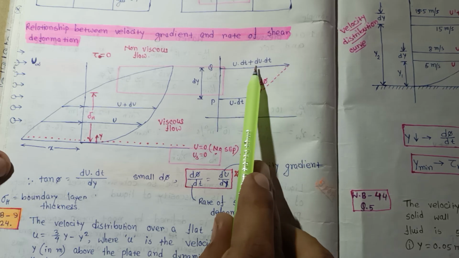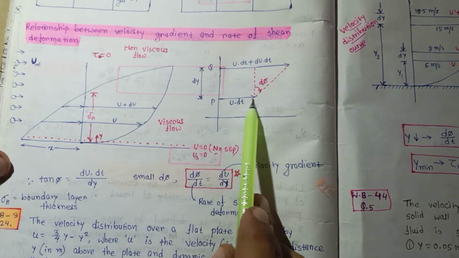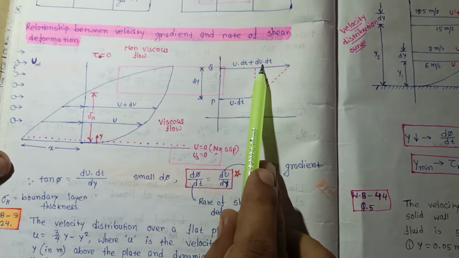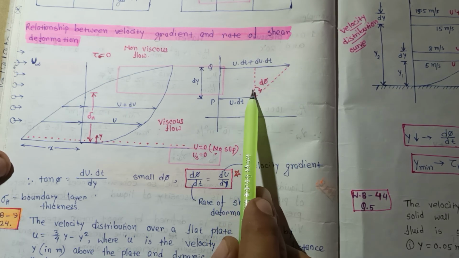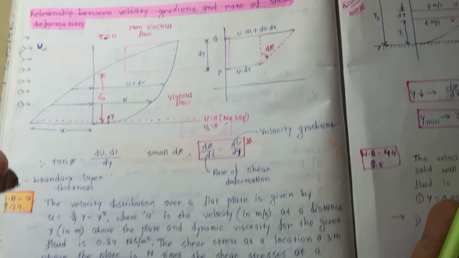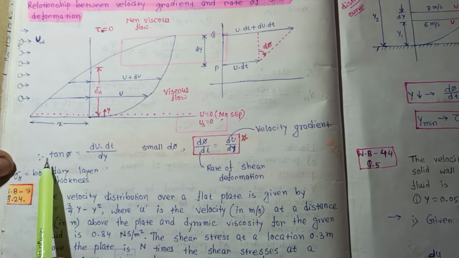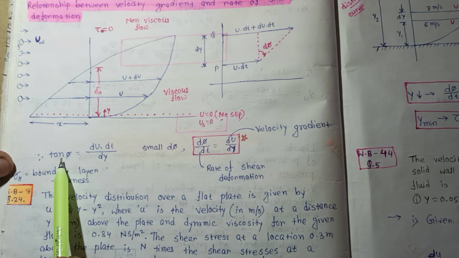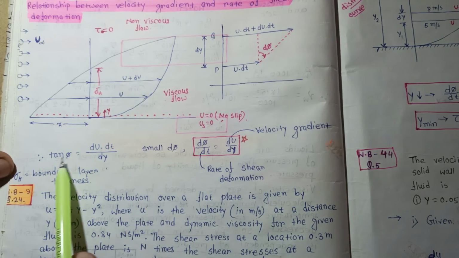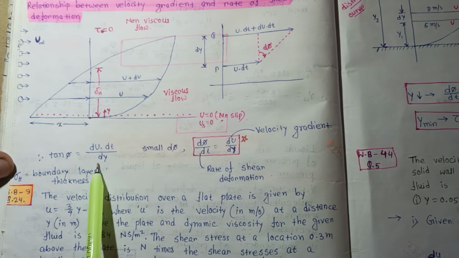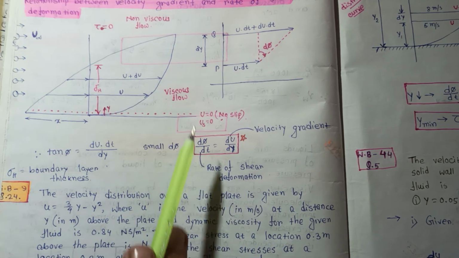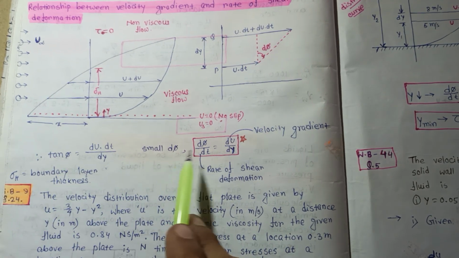So what is this distance? This distance is u dt, this distance is u dt, and this distance is du dt. Consider this angle as d phi. Now tan phi equals du dt by dy, since this distance is dy. If phi is very small, then tan phi equals d phi.